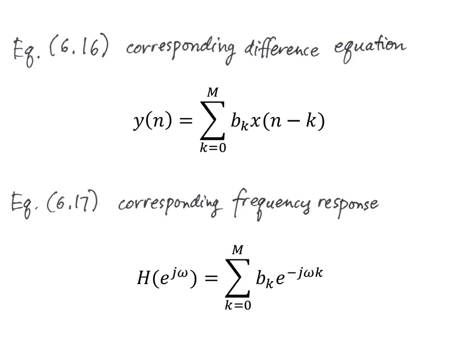The corresponding difference equation for the feed-forward case has only x terms in the summation, and the frequency response has the summation in the numerator and the denominator is equal to 1. So now we see that by combining the two of them, we can get the general case for any difference equation.